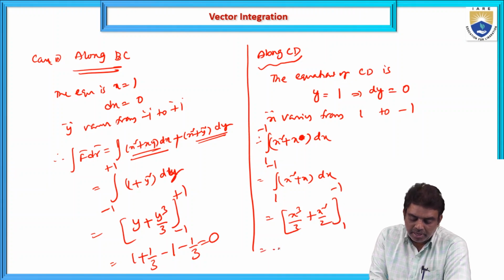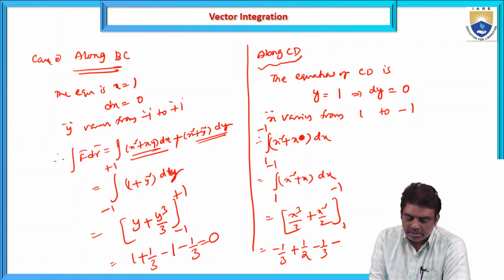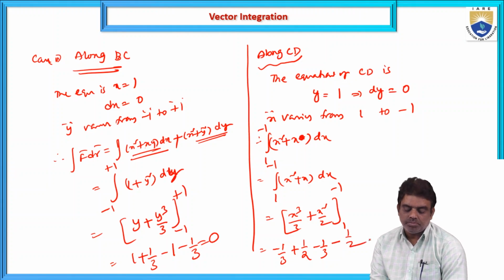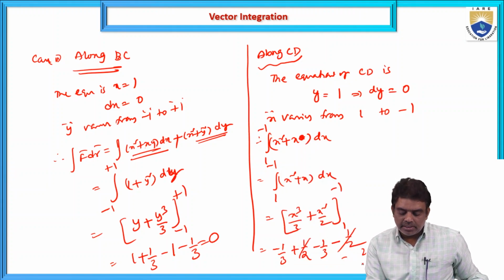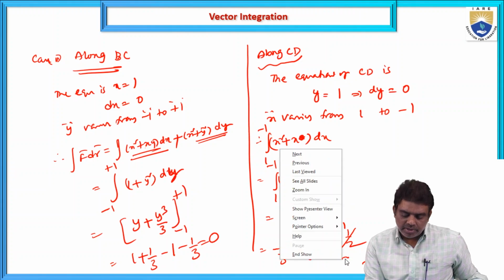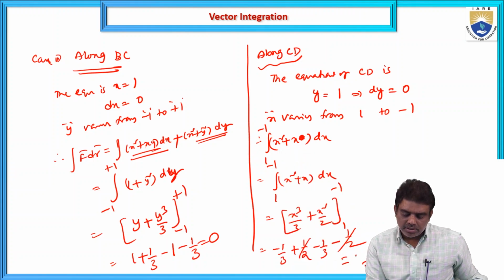Substituting the upper limit, -1 by 3 plus 1 by 2, minus 1 by 3 minus 1 by 2. These two get cancelled, and this value is minus 2 by 3.